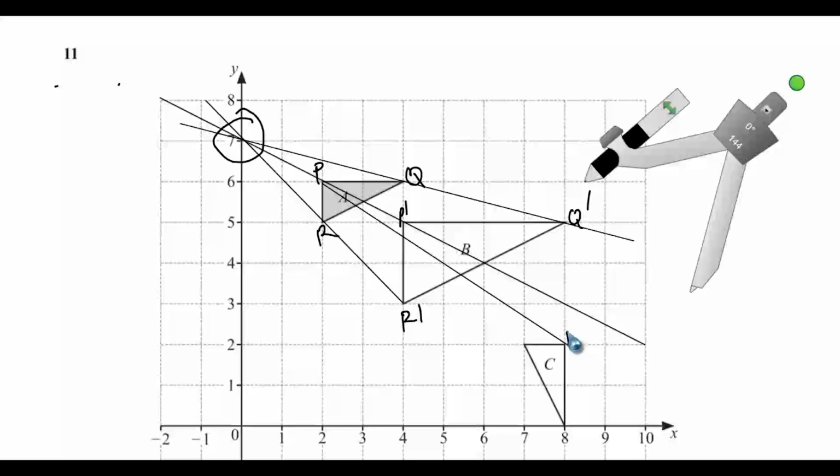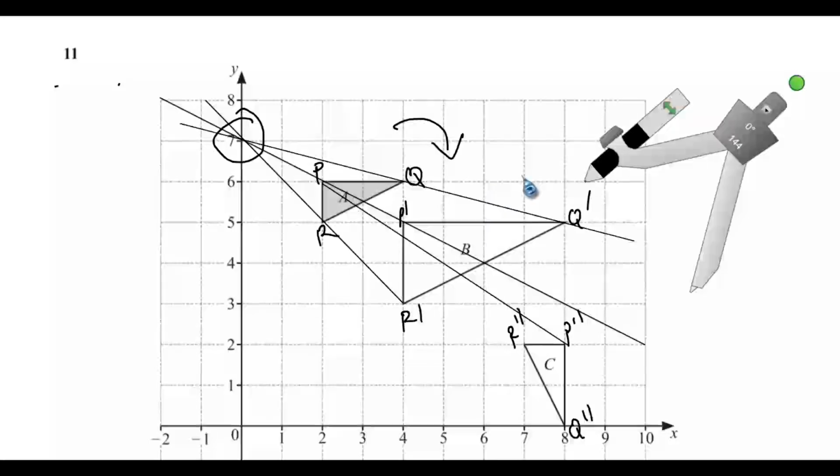This will be P prime prime, then R prime prime should be here, and Q prime prime should be here. So it is clear that the triangle A, the object, was rotated towards this direction, and that is why you have triangle C like this. Okay, so this is rotation and the direction is clockwise.